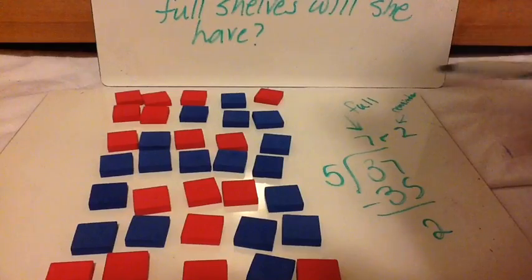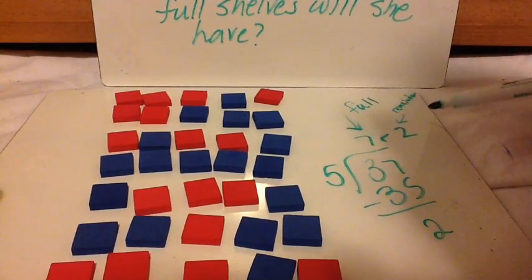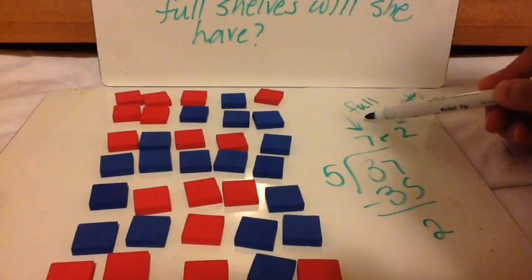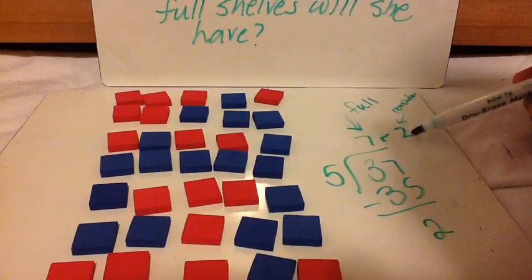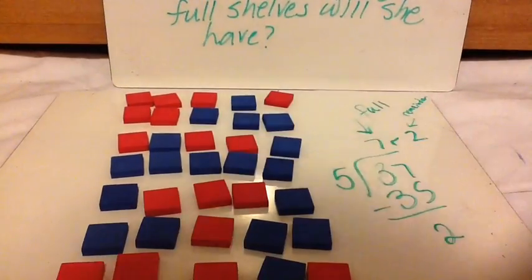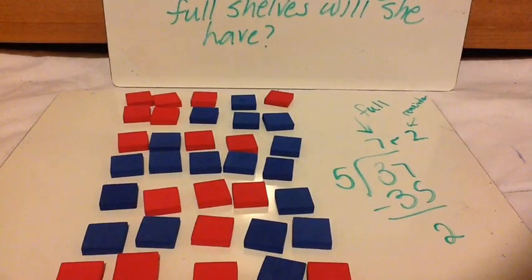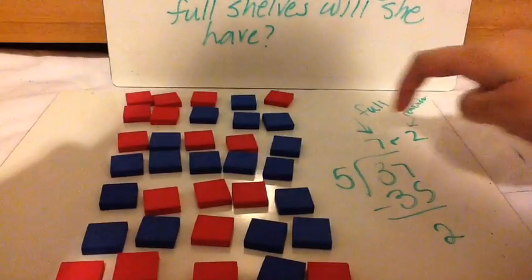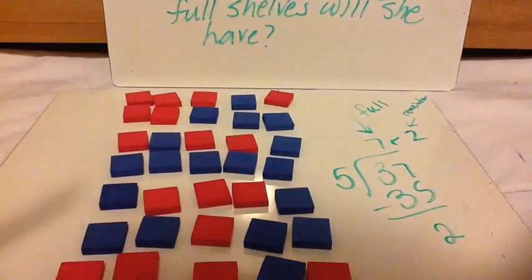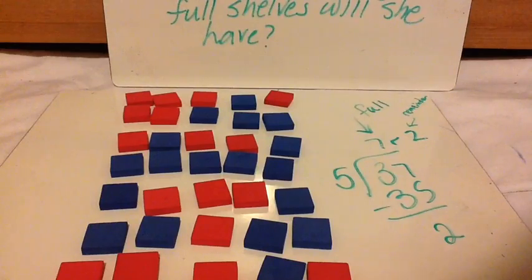So if they say all bows, then this 7 has to become an 8 because you're making an 8th shelf for that remainder. Sometimes the question might say, how many will be left over? So you're not going to say 7 remainder 2. You're going to say 2. So it's really important to pay attention to what the question's asking and looking at these different numbers and deciding which one is actually answering the question.